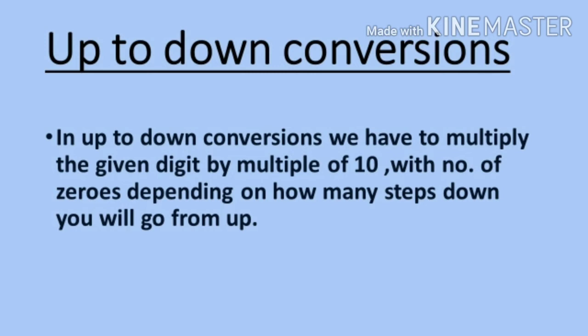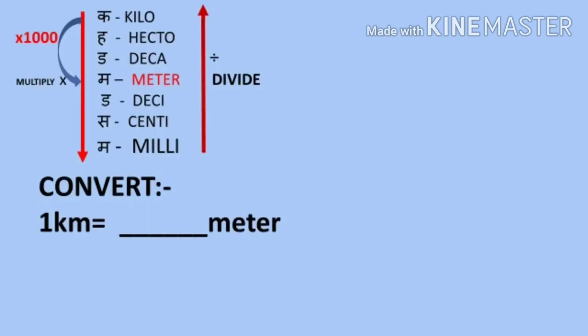Now I will teach you with some examples. Example 1. You have to convert 1 kilometer into meter. Then from the given chart, from kilometer to meter, you have to come 3 steps down. Means you have to multiply by 10 cubed, means 1000.